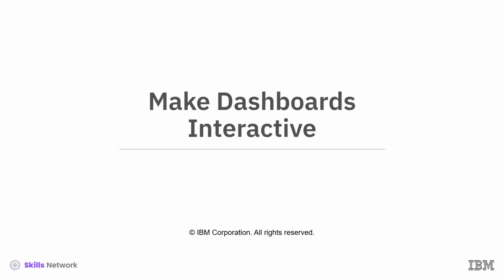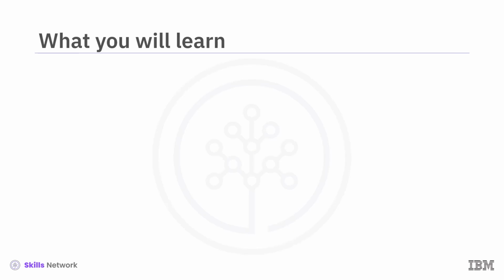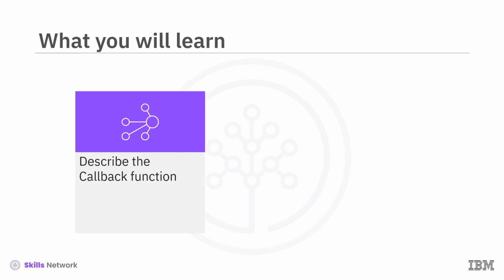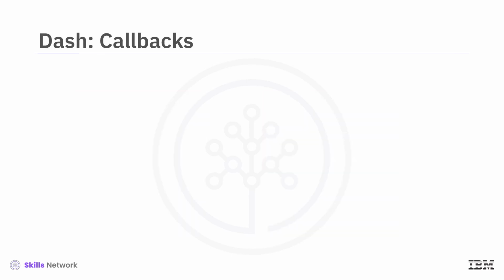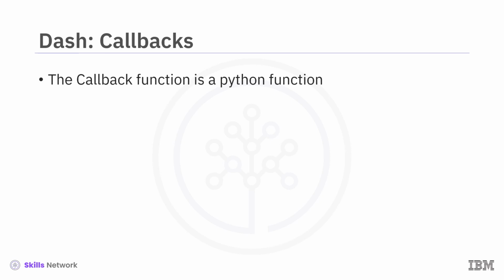Welcome to Make Dashboards Interactive. After watching this video, you'll be able to describe the callback function and determine how to connect core and HTML components using callbacks. Let's understand how to connect core and HTML components using callbacks. A callback function is a Python function that is automatically called by Dash whenever an input component's property changes.